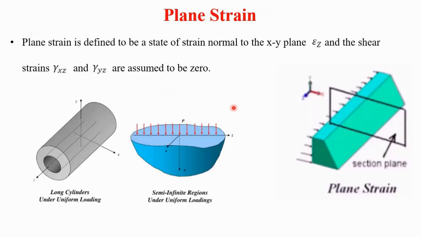Then we will see plane strain. Plane strain is defined to be a state of strain normal to the xy plane, that is, the strain in the z direction, and the shear strains gamma xz and gamma yz are assumed to be 0.